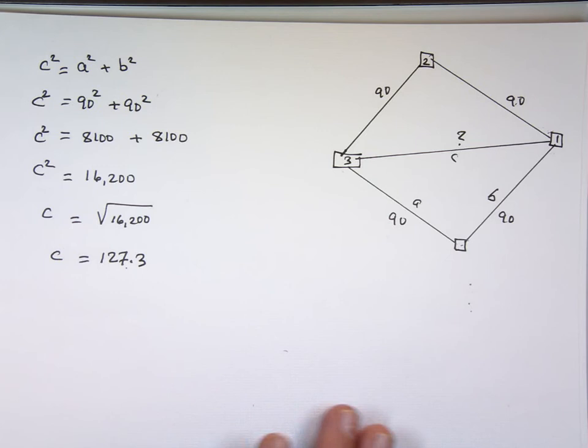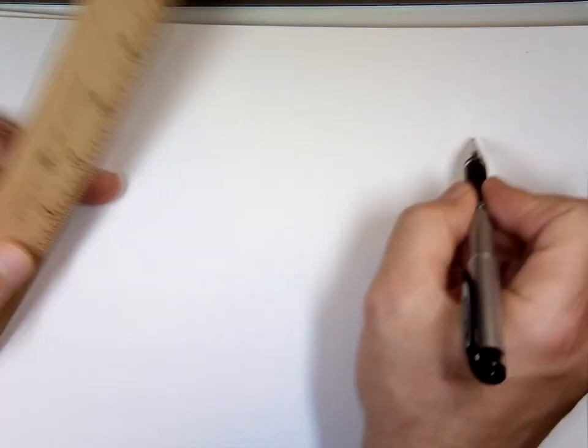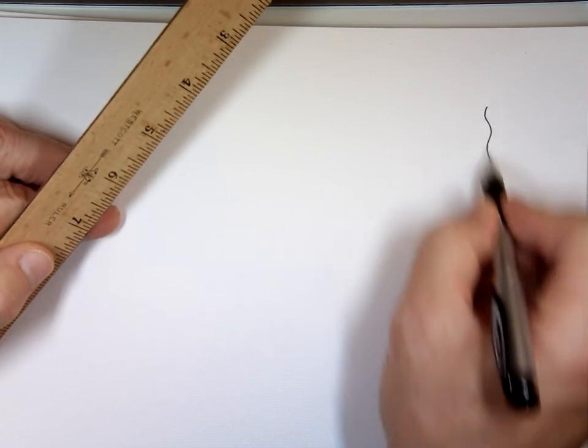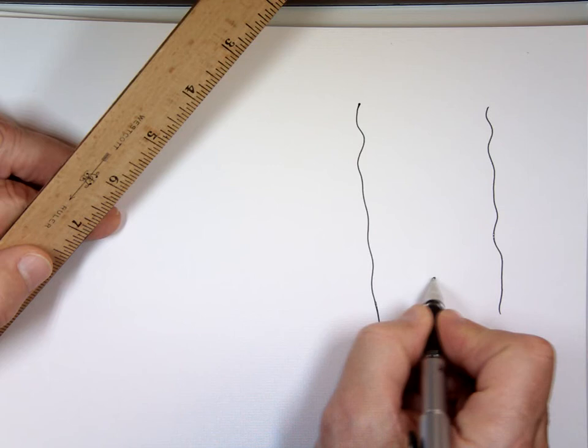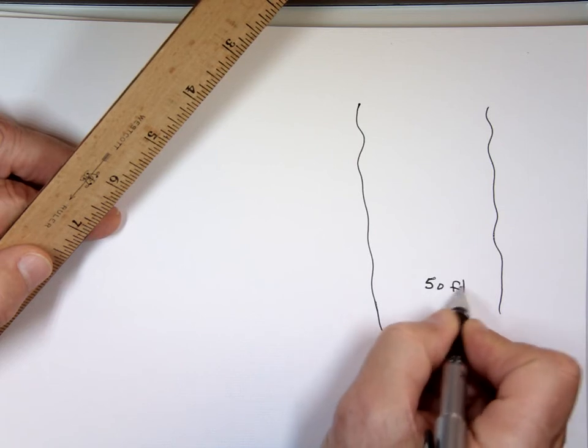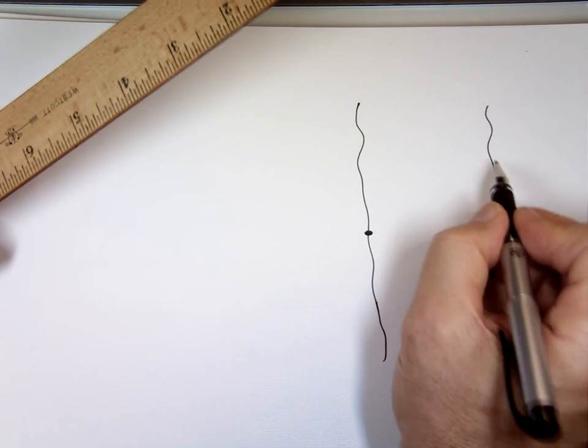We can look at another example. Let's say you're standing across the river. The river is 50 feet wide. And you are right here, and you want to go right there.